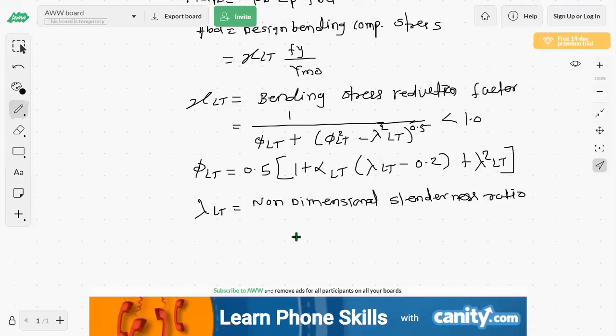Even though it is lengthy, we have to calculate because as per procedure we have to go. So how to calculate lambda LT? Lambda LT is again under root of beta B into ZP into Fy divided by MCR.